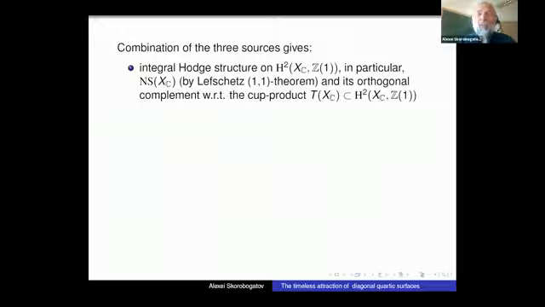We can determine the integral Hodge structure, and by the Lefschetz (1,1) theorem, this gives us the Néron-Severi lattice as an abelian group together with the intersection product. The orthogonal complement to the Néron-Severi lattice with respect to this product is the so-called transcendental lattice, denoted here by T(X). I'll explain in a moment why this is important in connection with the Brauer group.